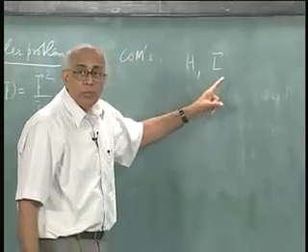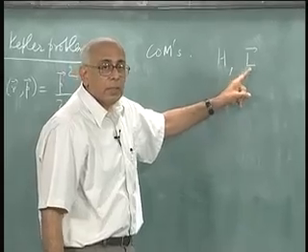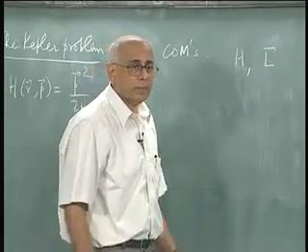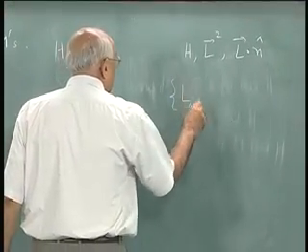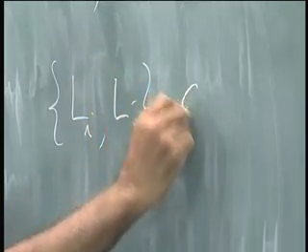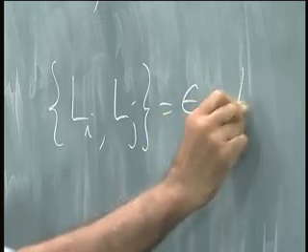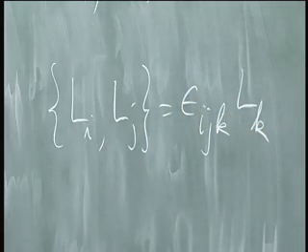But we are actually finding more of them, there is L1, L2, L3 here, they are not in involution with each other. And remember the angular momentum algebra, {Li, Lj} is epsilon ijk Lk. Are there any other constants of the motion?